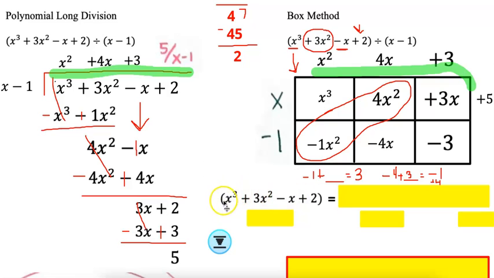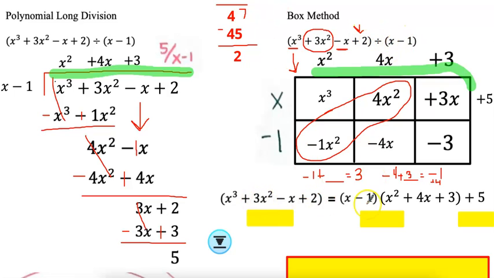I know that x cubed plus 3x squared minus x plus 2, all of this is equal to this piece multiplied by this piece. So I've got x minus 1, and if I multiply by x squared plus 4x plus 3 plus a remainder of a 5, I would get this polynomial over here.